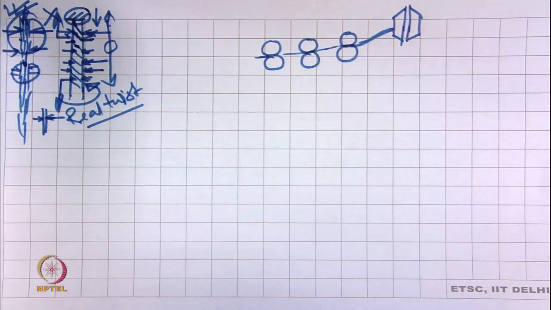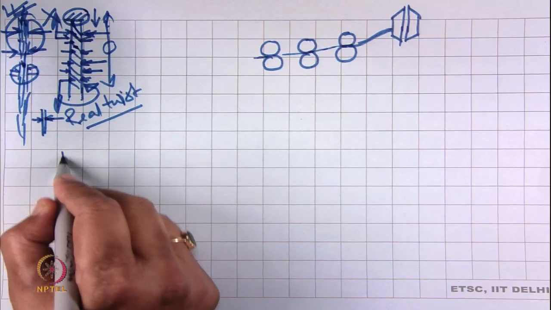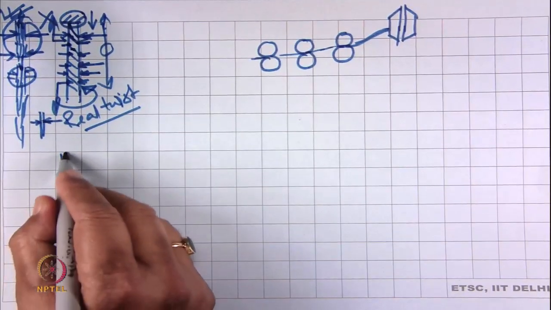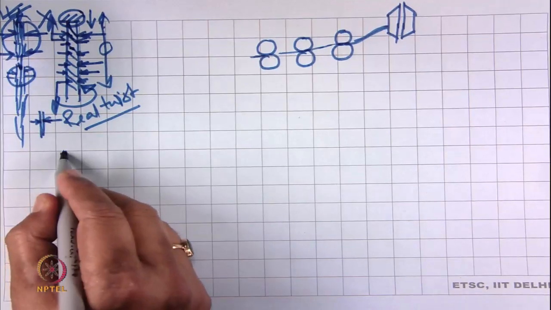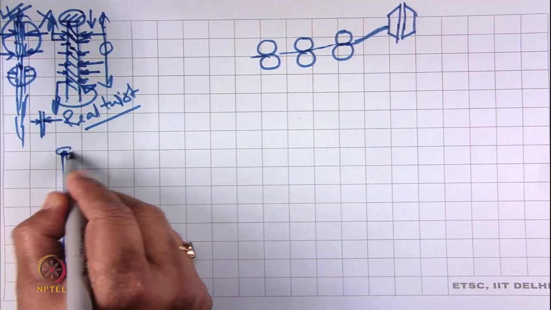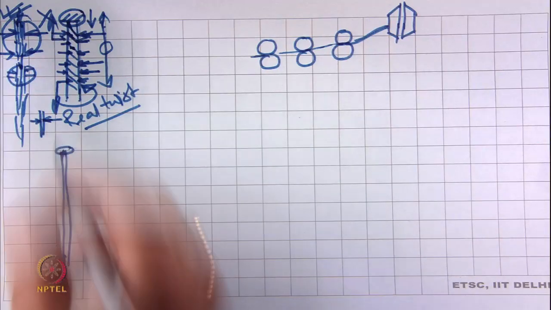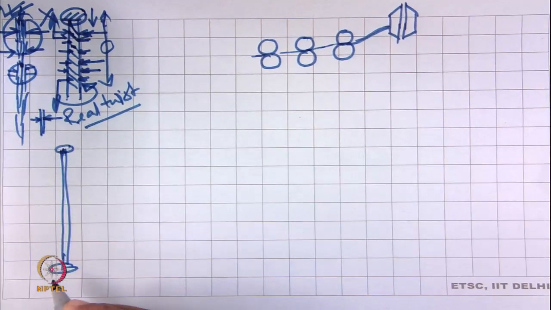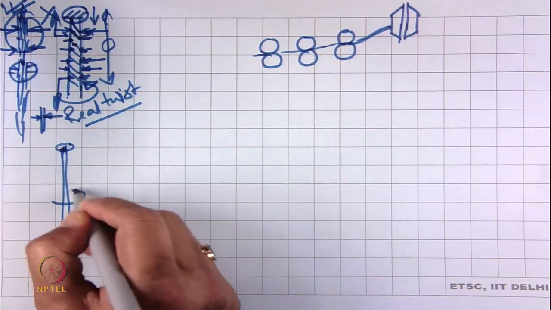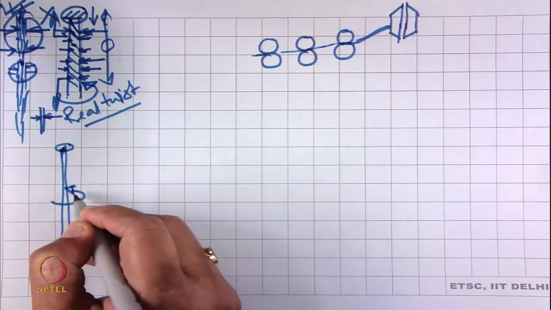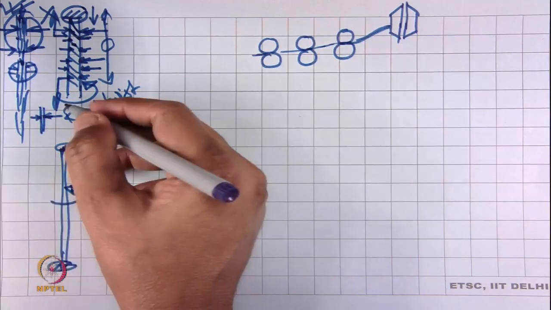Now, another type of twist is there where, suppose this is a strand or say filament. Here at this end we are not twisting, this is fixed, and at this end again we are not twisting, this is fixed. We are imparting twist at the center in between these 2 points.